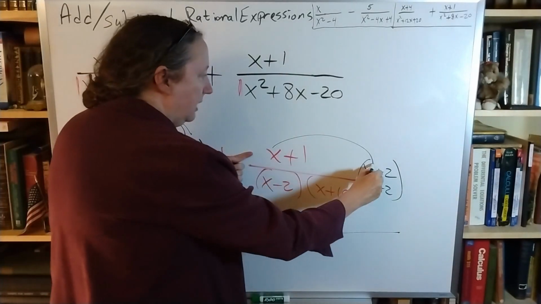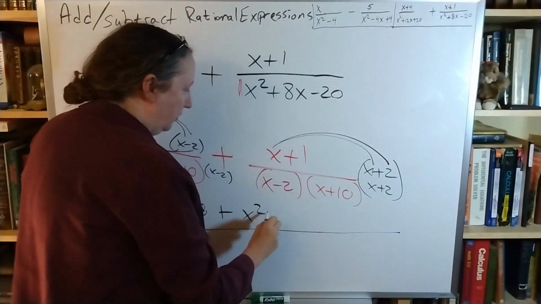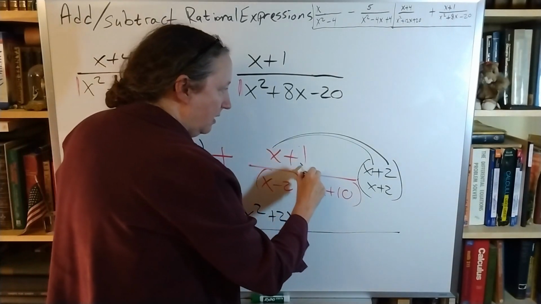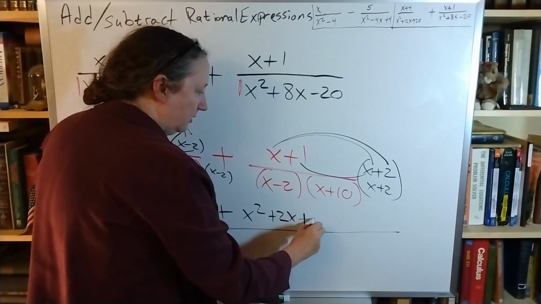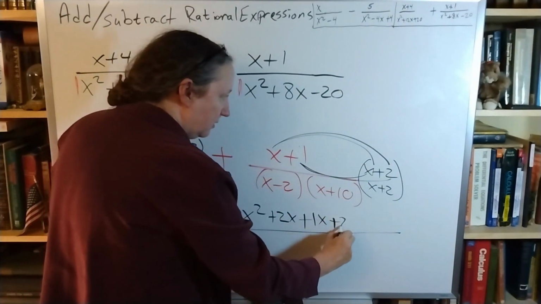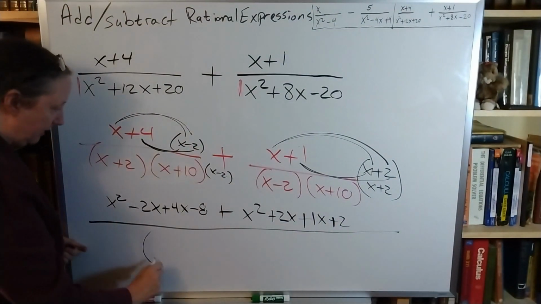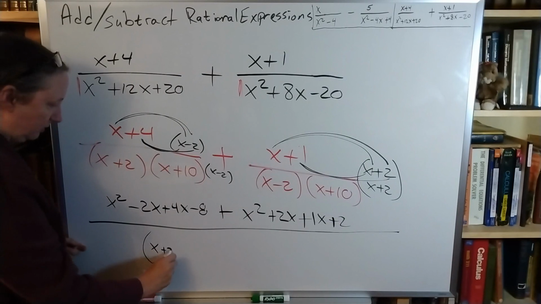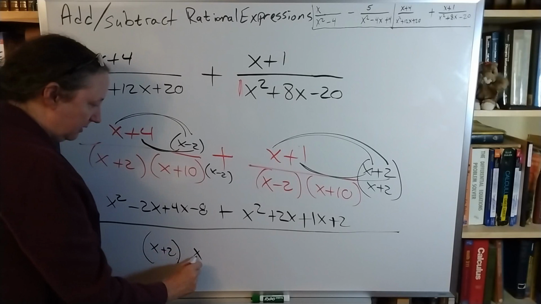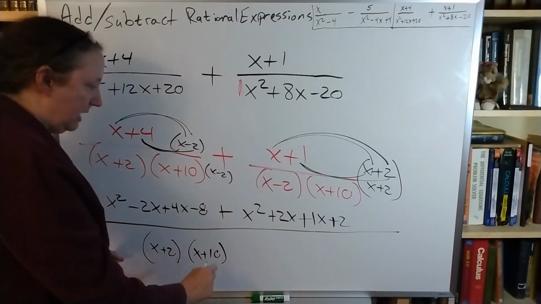FOIL this out. x times x is x squared plus 2x plus 1x plus 2. And it's all over the same denominator. x plus 2, x plus 10, and x minus 2.